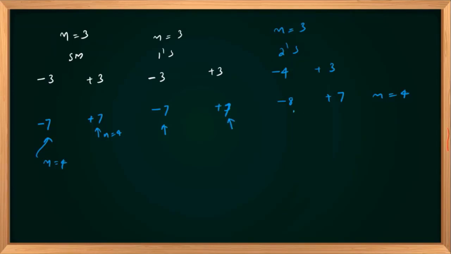Similarly, -8 and +7 in the case of two's complement if n equal to 4. I'm expecting your answers. The representation of -7, +7, -8, +7 in signed magnitude, one's complement, and two's complement representations.